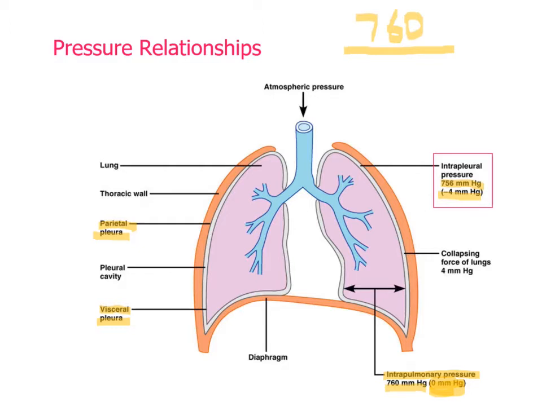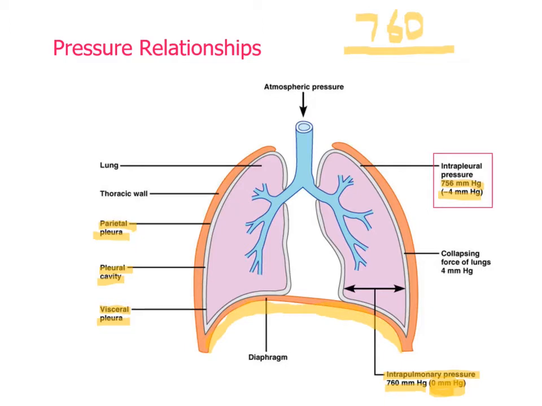The two membranes have a space between them that's filled with fluid. When a person breathes in, what they're doing is they're contracting their diaphragm. And the diaphragm is voluntary contractile muscle tissue.